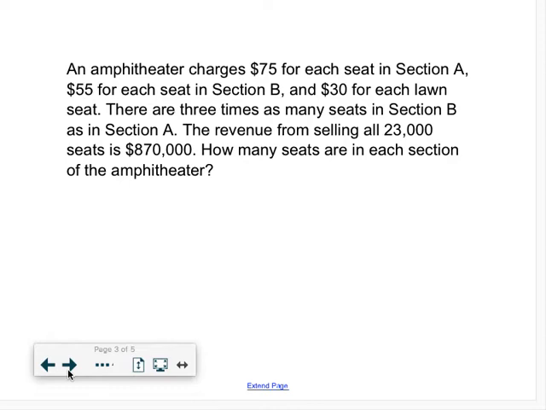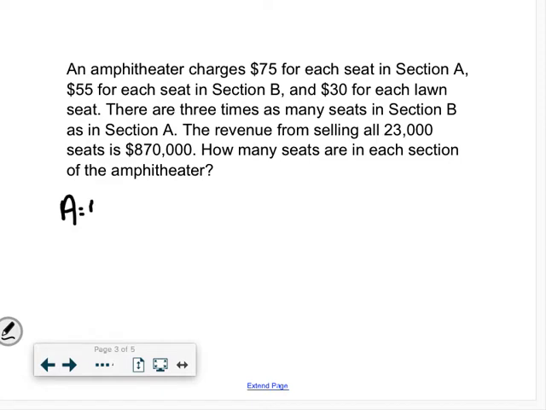How many seats are in each section. So that would be how many seats in section A, how many seats in section B, how many seats in section C. So those should be our three unknowns. And since they're using section A, B, and C, we might use variables A, B, and C. Okay. So A, and I'm going to write this off to the side.